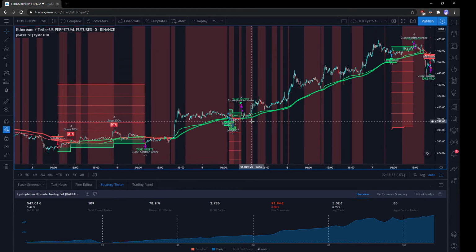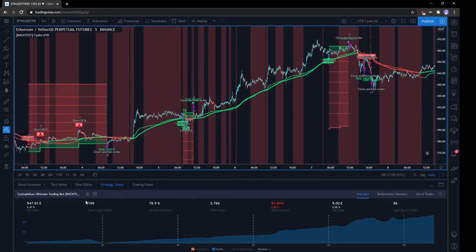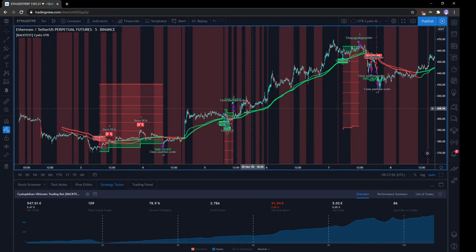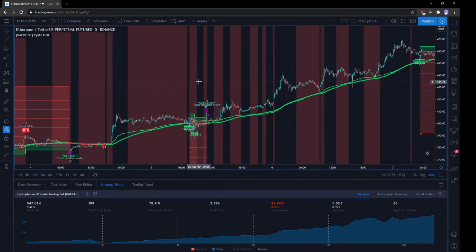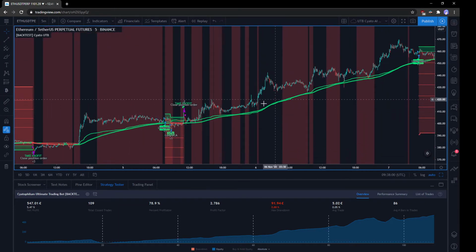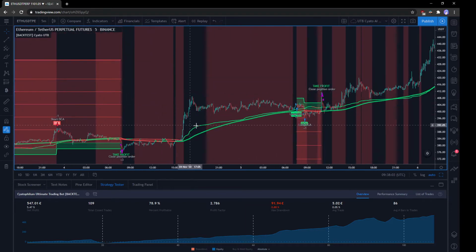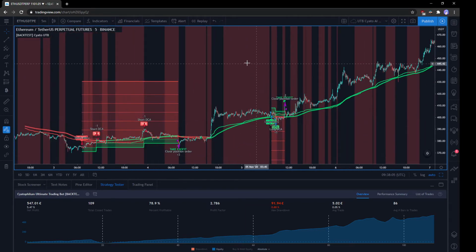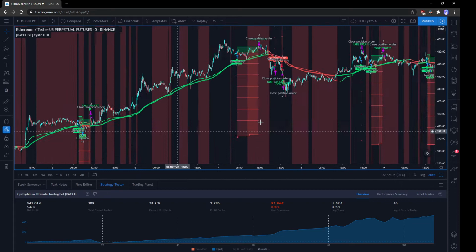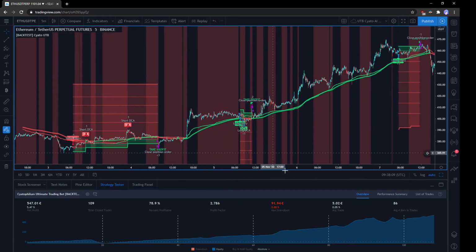Okay, so it worked. As you can see, we have a little less trades. We do not have this short because our secondary trend line is doing its job. As you can see in green, we have reduced the drawdown.